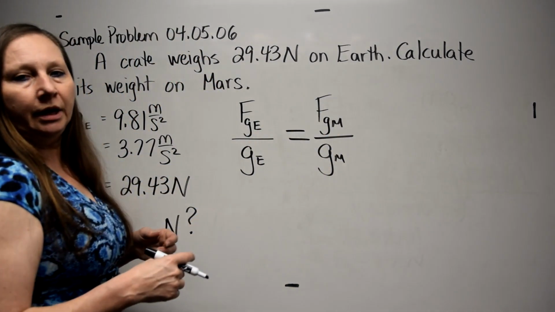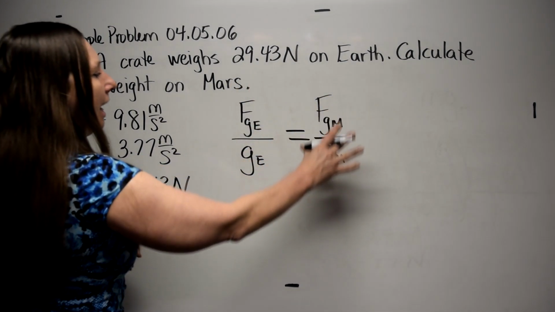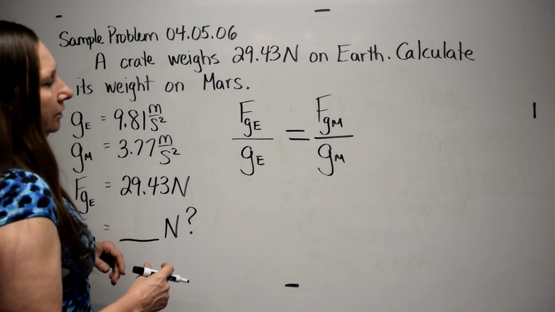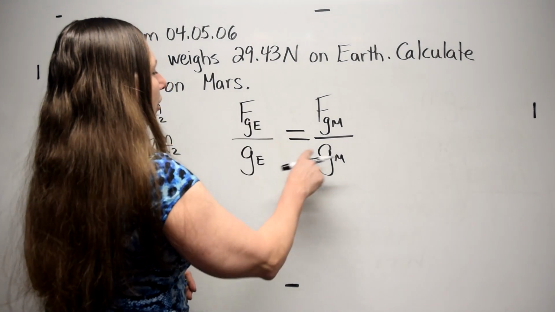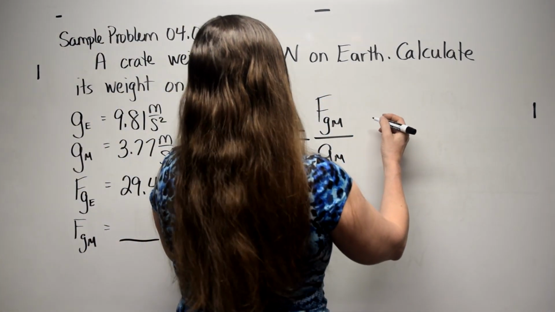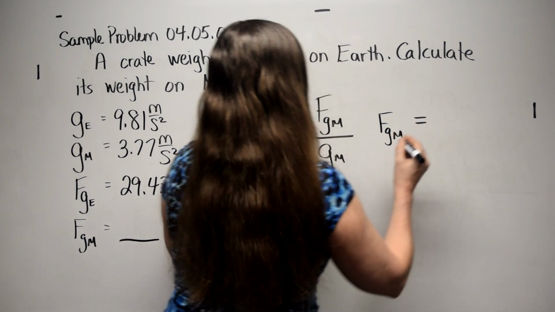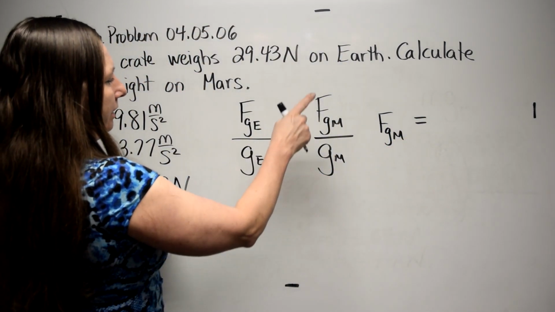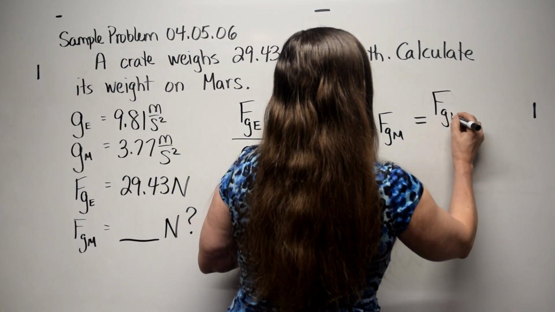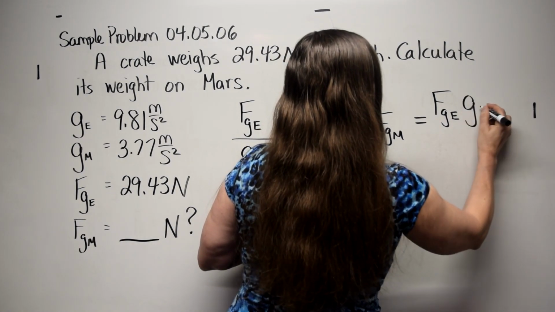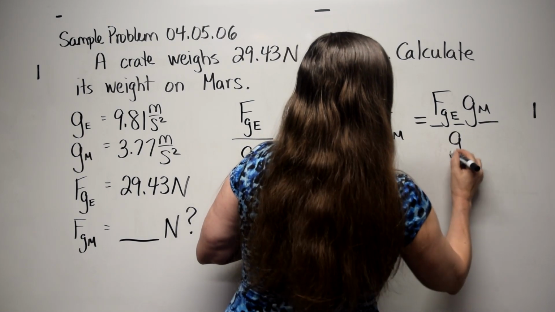I'm just going to start plugging in, and we'll cross multiply later, because this is a nice ratio. What I'm saying is you could cross multiply now and you would get that FGM is equal to that times that, divide by that. So it would be equal to FGE times GM over GE.